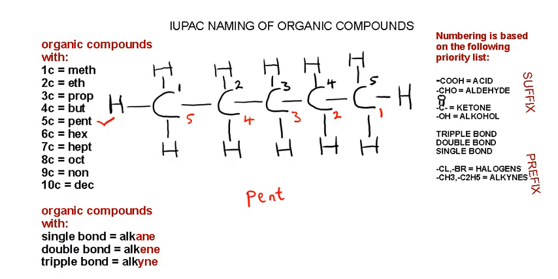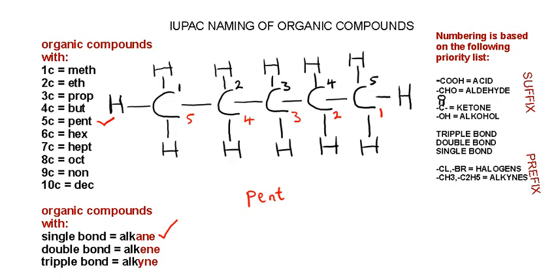All right, so let's take another step, which is trying to find out the bond in this organic compound. Looking at this compound, you will find that what we have here is only single bond. Since we have single bond, it belongs to the organic compounds called alkanes.